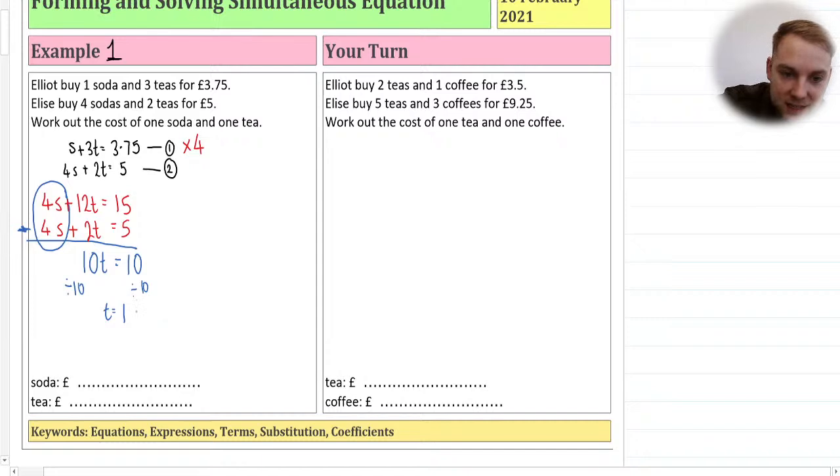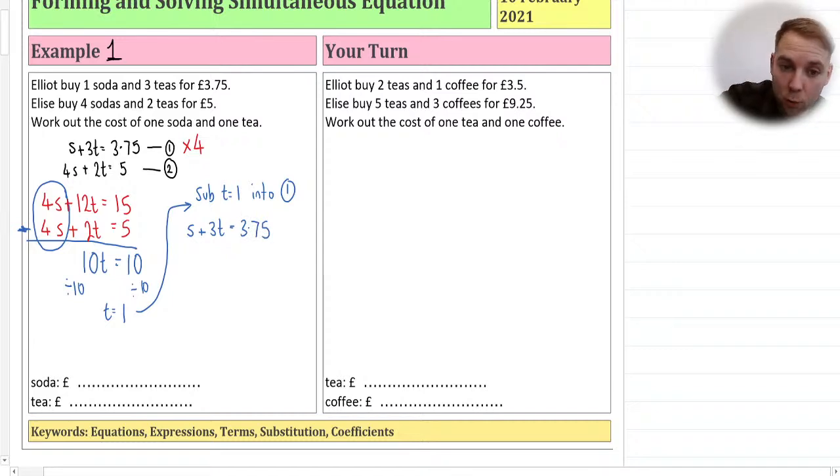And then the next little part is that we need to substitute t into our top equation to find out what the price of the soda is. So let's write that. Sub t equals 1 into equation 1. So we write down what equation 1 is. So 1 soda plus 3 t's is equal to £3.75.